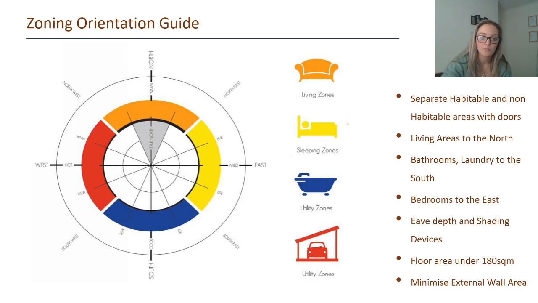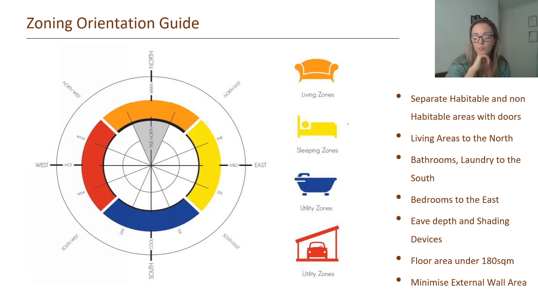Typically on the west, car parks, because those are unconditioned zones. It matters a little bit, I suppose, but that is going to be the most uncomfortable spot in your house on a hot summer's day. So to have zones where you're not actually going to be living on the west is the ideal layout.